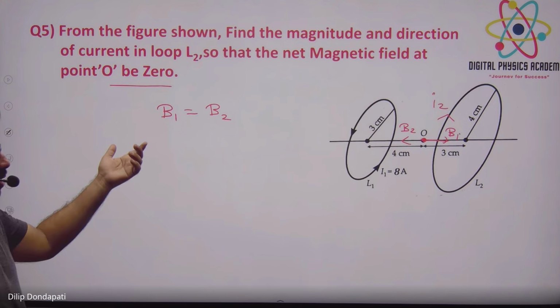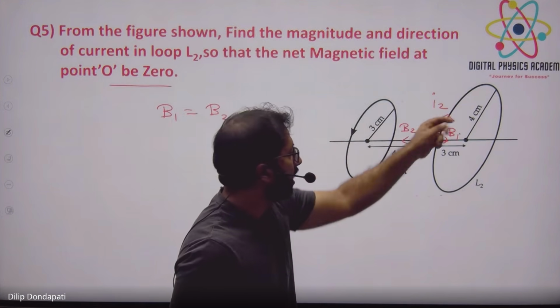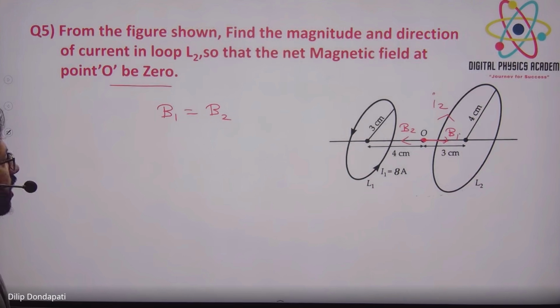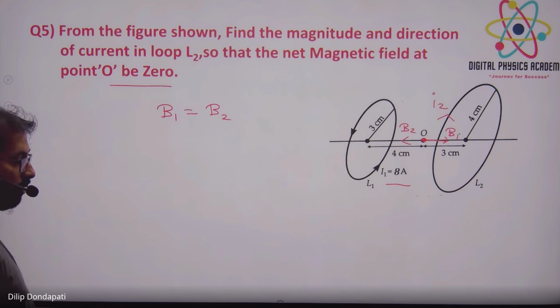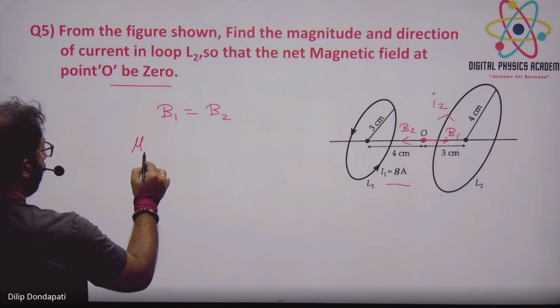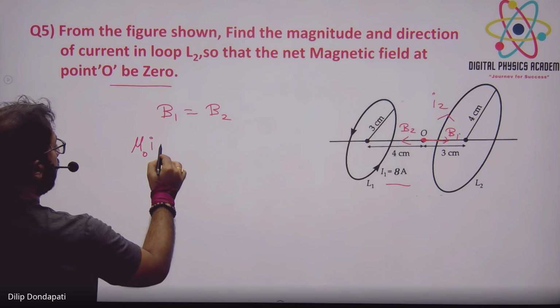Now solve. For this coil this is acting like an axis point, and for this coil this is also acting like an axis point. And find the value of I2. I1 is given as 8 amperes. So μ₀ I a², and lastly, 4.5 ampere.